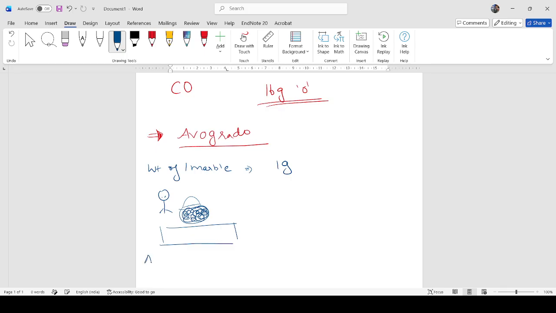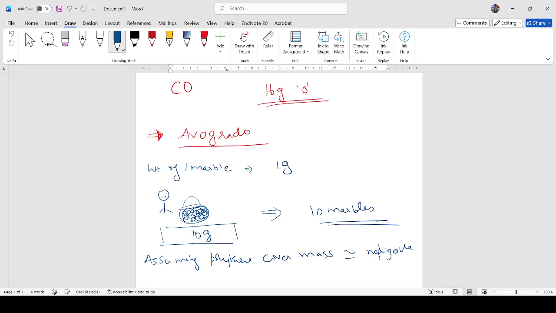Assuming that the polythene cover's mass is negligible, approximately very less, I'm not including it. Now I say the mass is 10 grams. Can you tell me how many marbles are there? Yes, ma'am. How many? 10. Exactly. You can say that 10 marbles are present in this polythene cover.